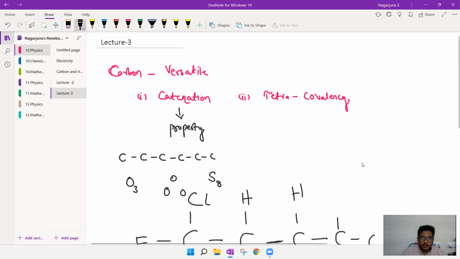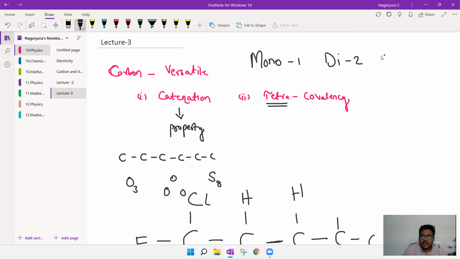And coming to tetravalency, what is tetravalency? In the name itself we have tetra, like mono means 1, di means 2, tri means 3, tetra means 4. So carbon has 4 valency. Because of carbon's 4 valency, it can combine with 4 other different elements.